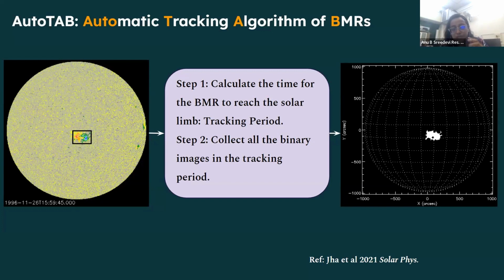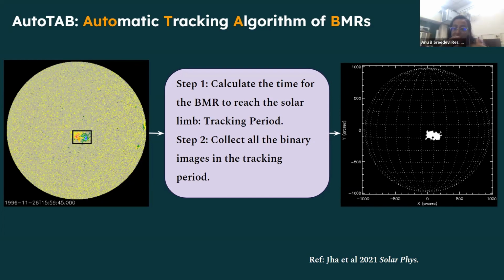He has developed a tracking algorithm where, when multiple closely lying BMRs are present, the code stops there, and manually we have to tell the code that this is one BMR and this is the second BMR.